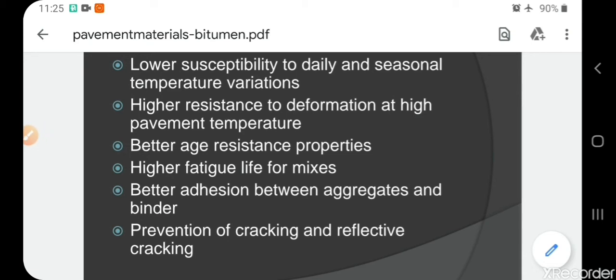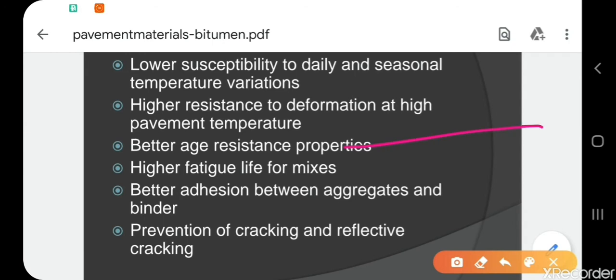Next, better age resistance properties. Higher fatigue resistance. What do you mean by fatigue? We are considering a road.